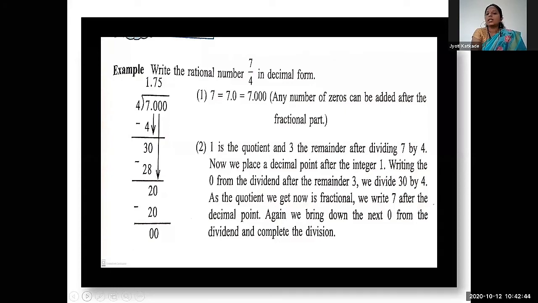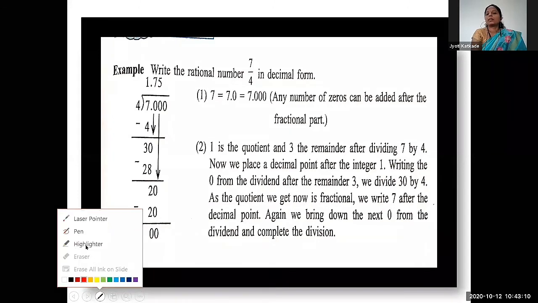Now 3 is not divisible by 4, because 3 is smaller than 4. Now we have to divide 3 by 4. Take a decimal point after the 1 in the quotient. When we take the decimal point, we can add 0 on the 3. Now we get 30 there.